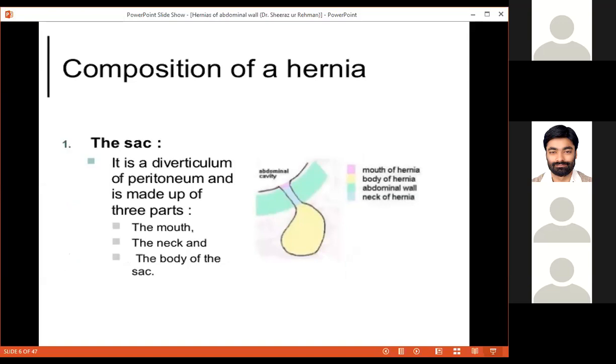The peritoneum is a smooth lining of the internal cavity of the abdominal wall. But when there is a potential defect, the peritoneum outpouches from the defect site and forms a diverticulum. So it has a mouth, the neck, and the body, through which the hernial contents protrude out.